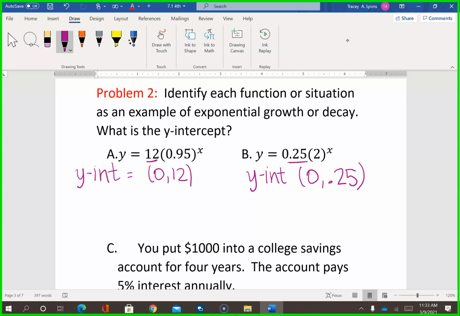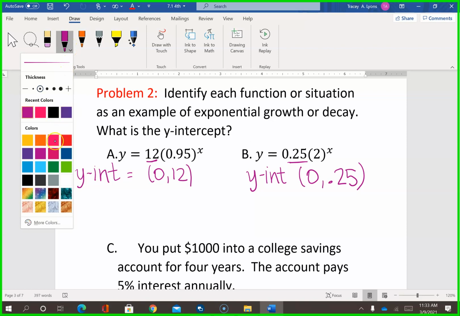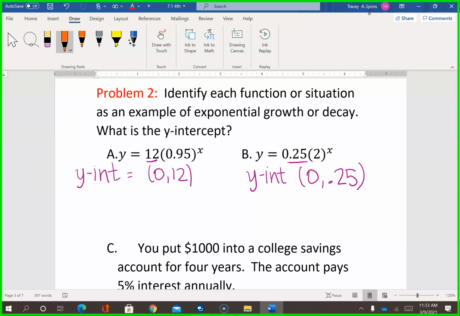Okay, so that's the easiest part to do. The next part we're going to look at is this part. So what kind of numbers are those? When you're looking at it, 0.95 is between 0 and 1, right? So that means this one is a decay question. If you had to describe it or give a reason why, that's it right there.